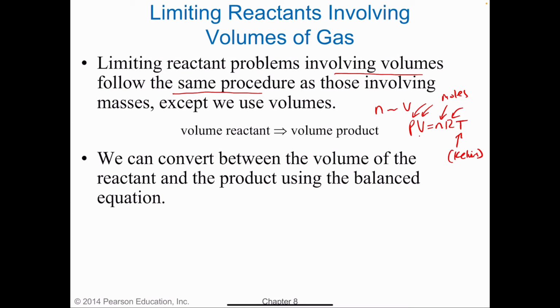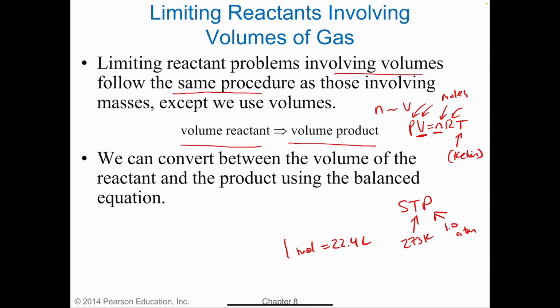But the volume of the gas is proportional to the moles, and specifically if we're talking about a gas at standard temperature and pressure, which is 273 kelvin and 1.0 atmospheres for the pressure, then 1 mole of gas equals 22.4 liters. The point is that moles and volume are proportional, so we can actually go directly from volume of reactant to volume of product.